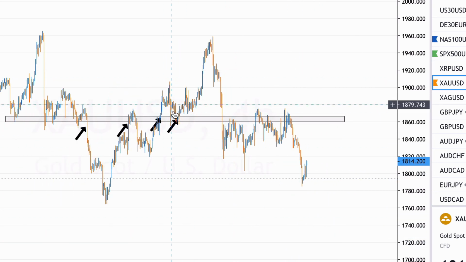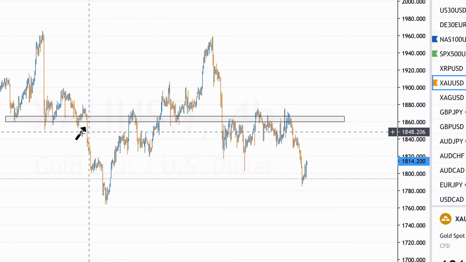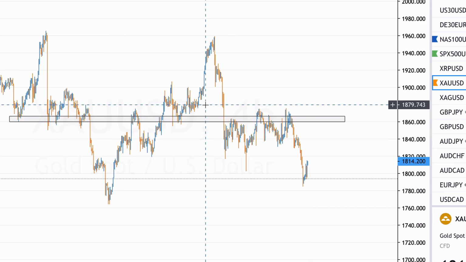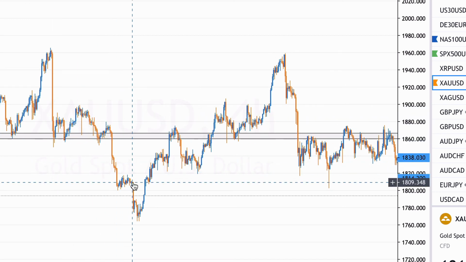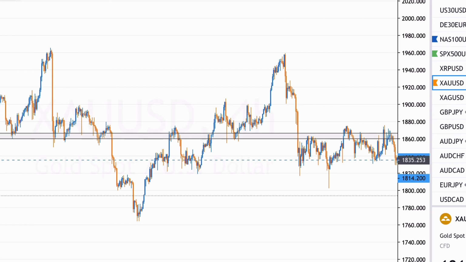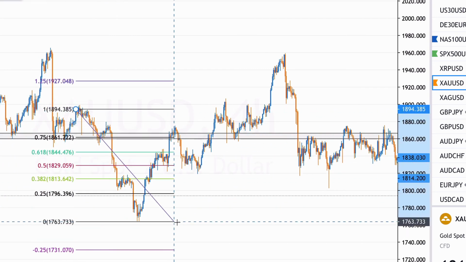Here's another strategy. Watch this. When you get the breakout, take your fib, go from the swing to the swing.